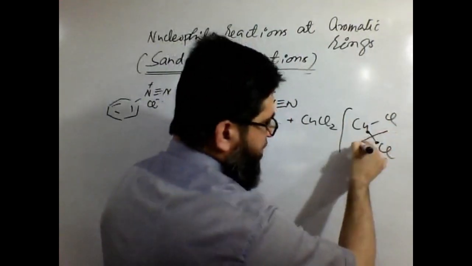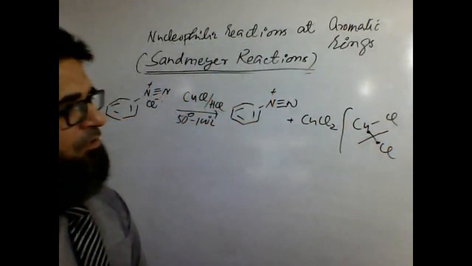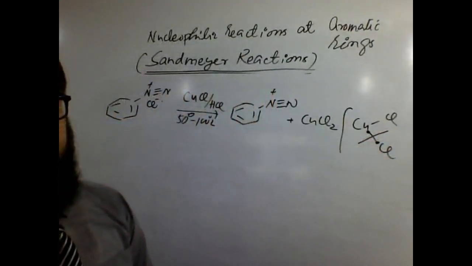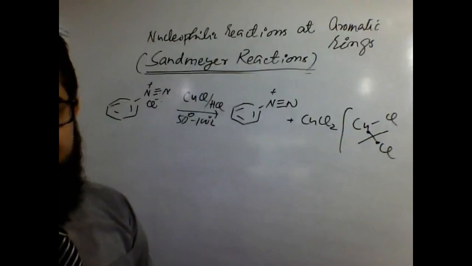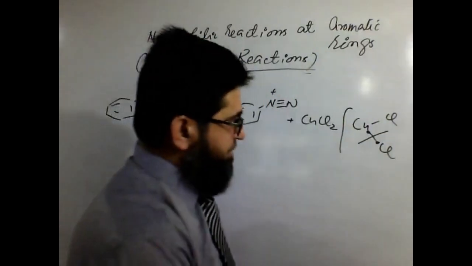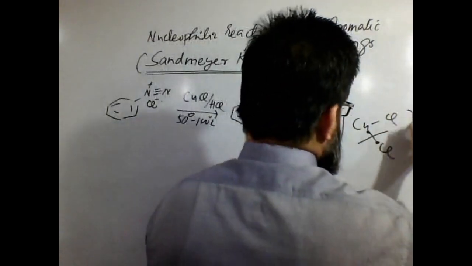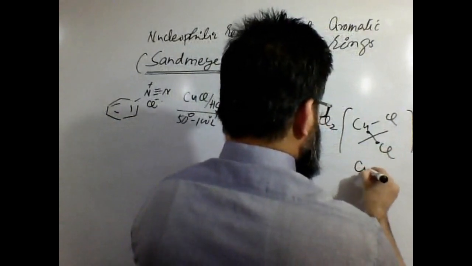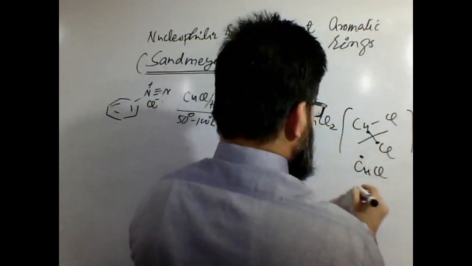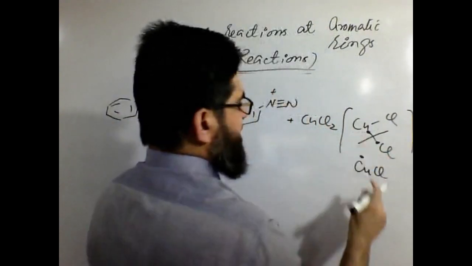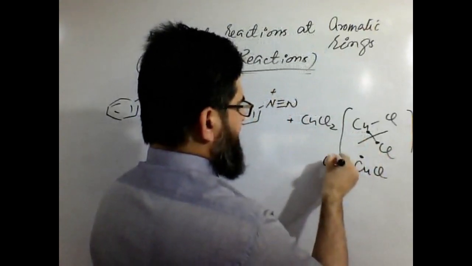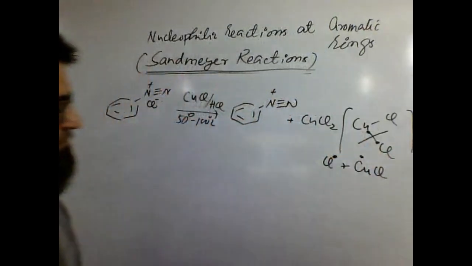The bond between copper and chloride is broken by homolytic fission, homolytic cleavage, giving us a CuCl radical. One radical will be generated and we will have a Cl negative, something like that.